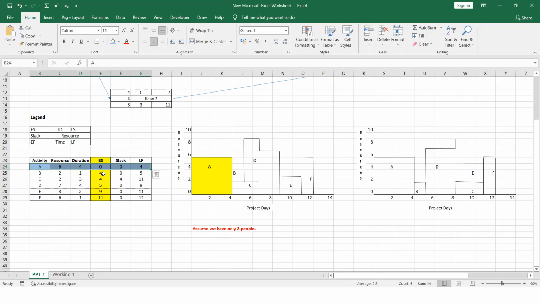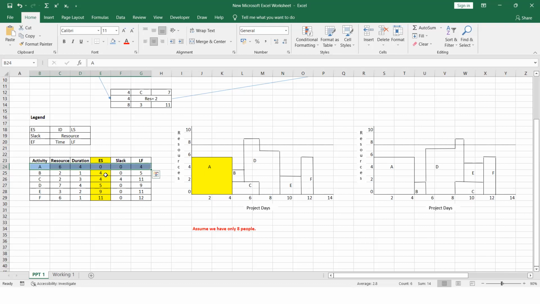Activity B early start is 4, and for the activity C the early start is also 4. So in the initial resource loading chart, they are asking us to start with the early start time. So there are 2 early start times with the similar duration.